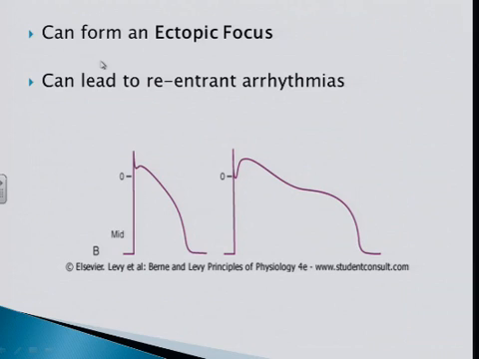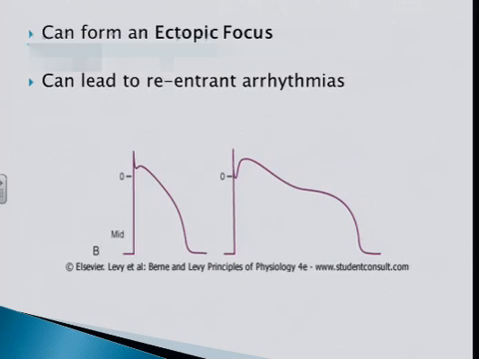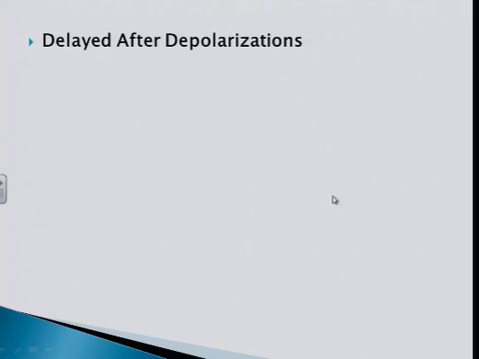And the reason they're so dangerous is because they can form an ectopic focus and be a substrate for reentrant arrhythmias. So you have this action potential sort of normal, but if it becomes excessively prolonged, you have, of course, a very, very long refractory period. You have the problem of causing transient delayed block. You also can have a triggered event which will propagate in a different direction.